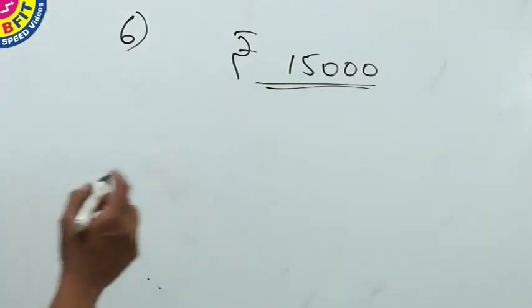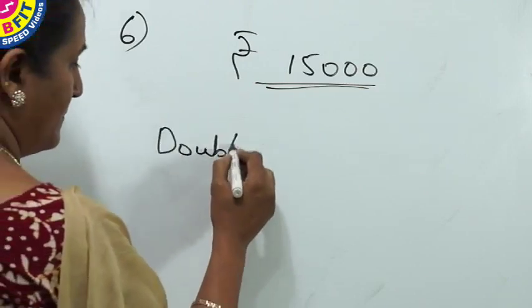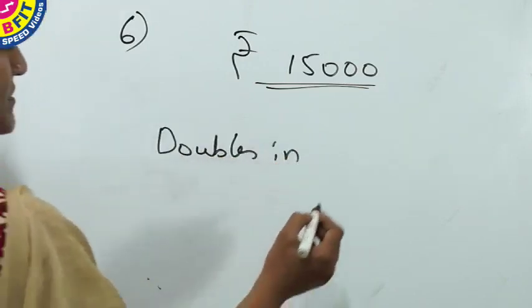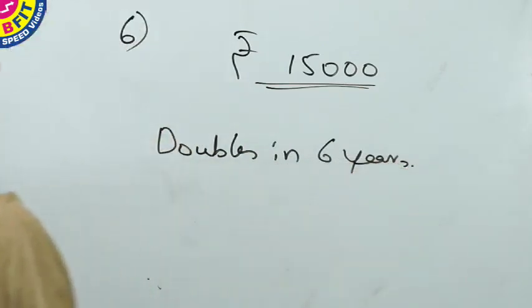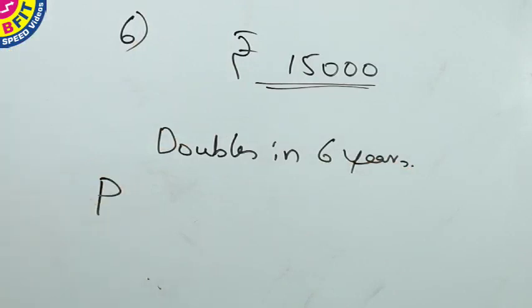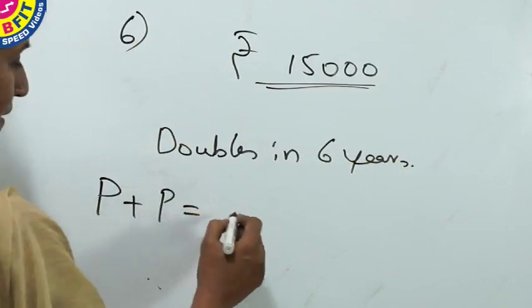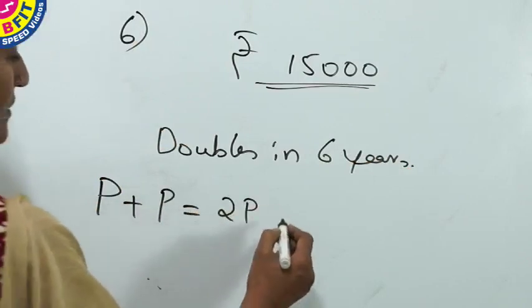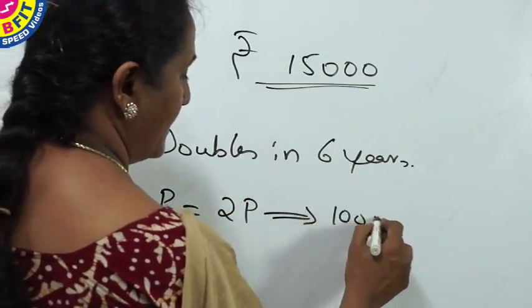It is given that it doubles in 6 years. So whenever the sum is deposited as P and the same amount is added, we get 2 times, which implies there is 100% increase.